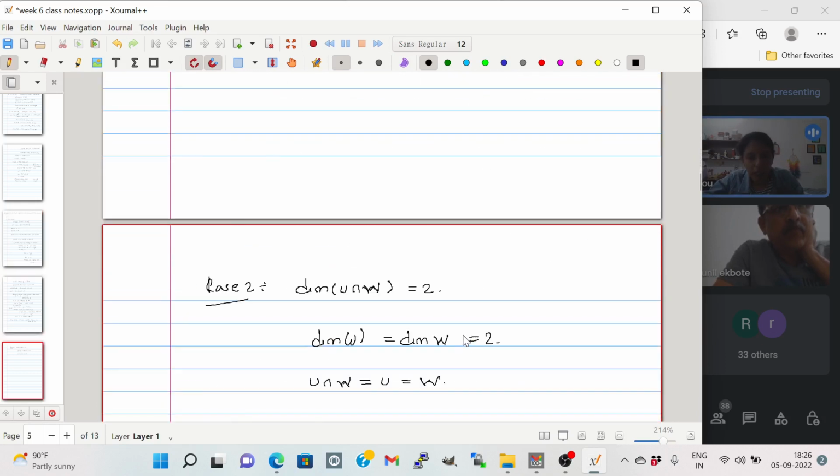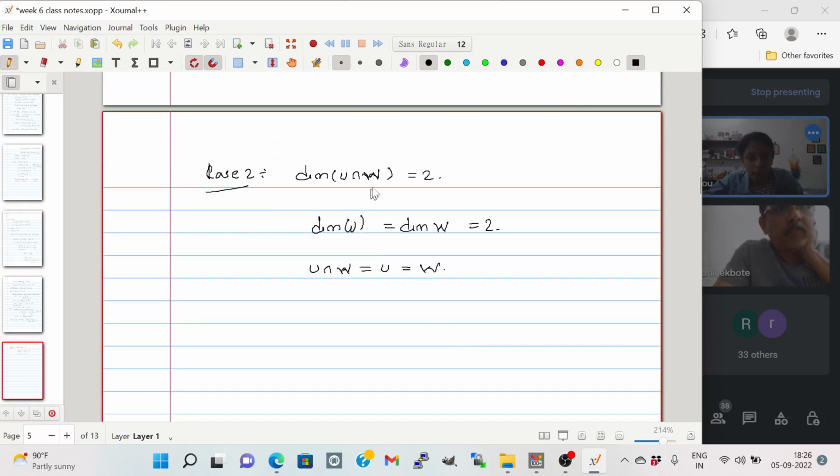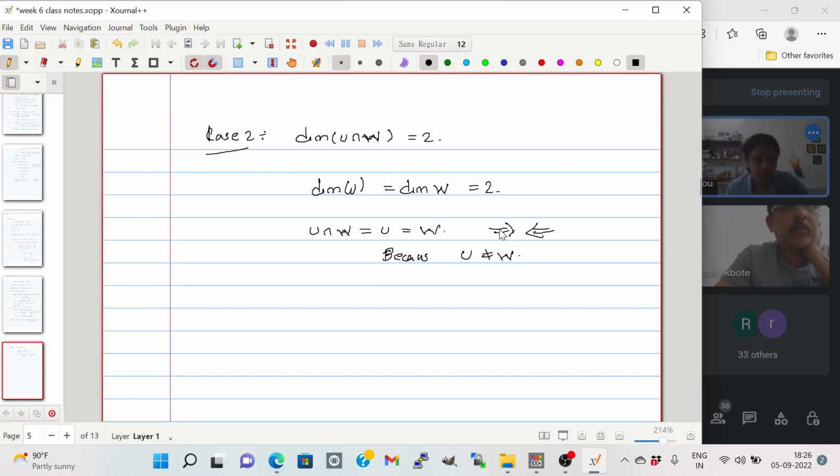So if we are assuming dimension of U intersection W is 2, then also we are getting a contradiction, because U not equals W. Is this clear? Any doubt here in the second case?